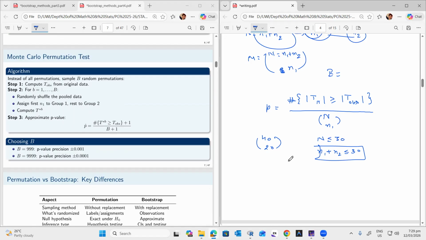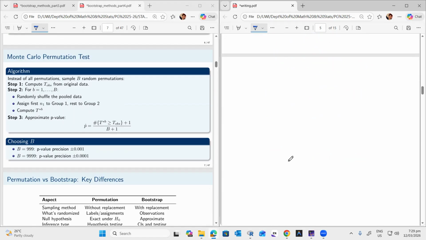So in the Monte Carlo permutation test, how will the algorithm work? In step one, we compute the original test statistic from the original data. So this step is identical to the exact test. Without permuted data, or we should say with the original data, we compute the t test statistic.